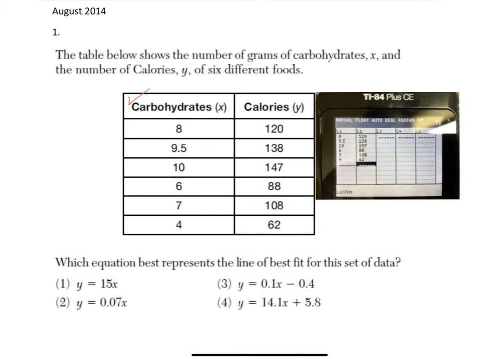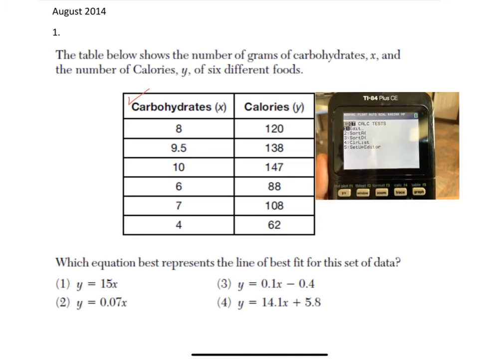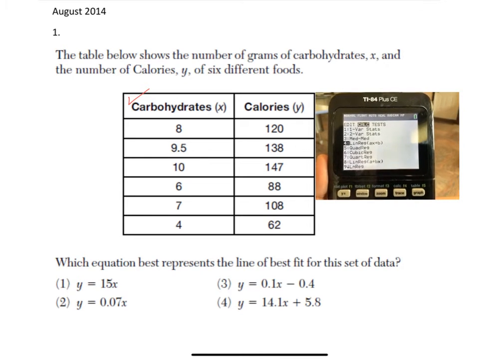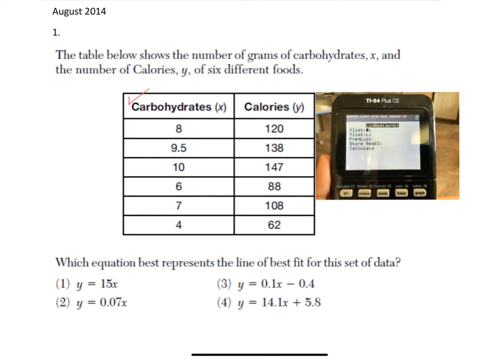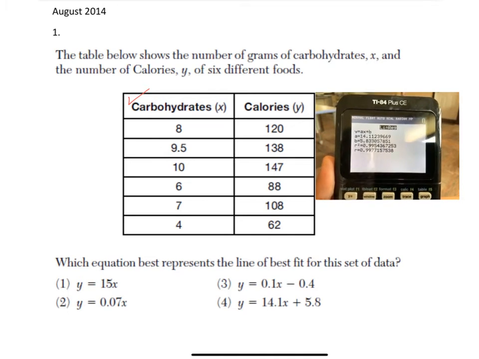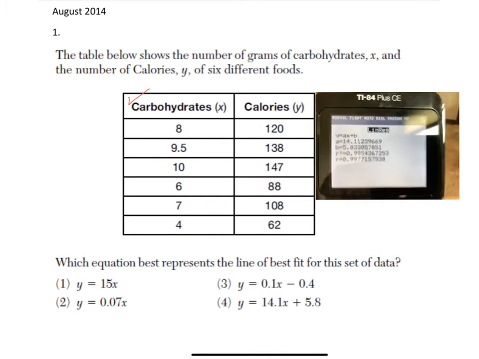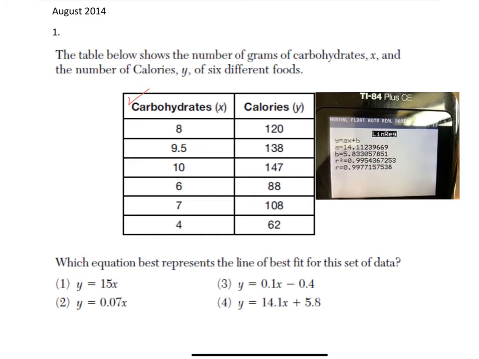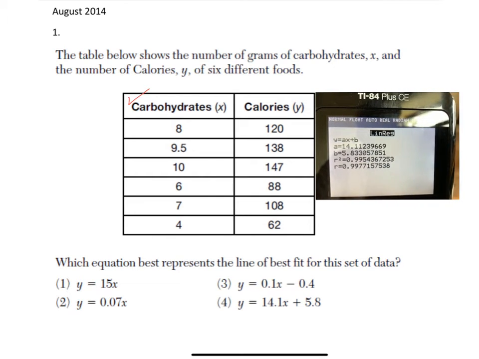Now the next thing I need to do is go back to stat, go to calculate, and then choose linear regression ax plus b. I'll hit enter, come to this screen, and then calculate. I see y is equal to ax plus b at the top, where a is 14.11 and b is 5.83.